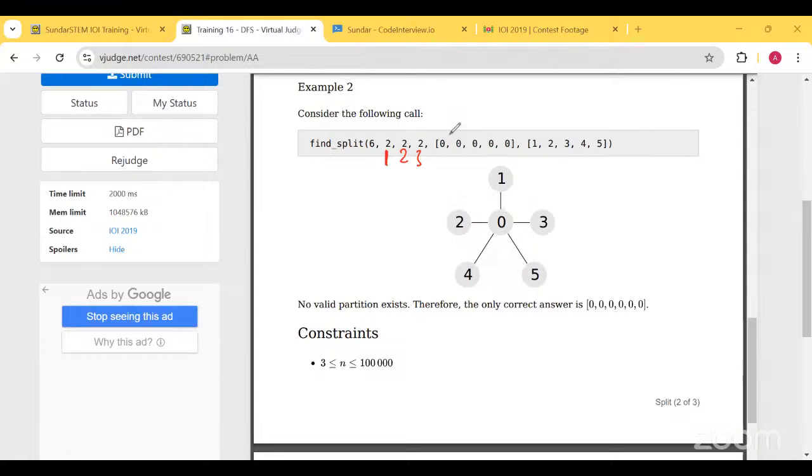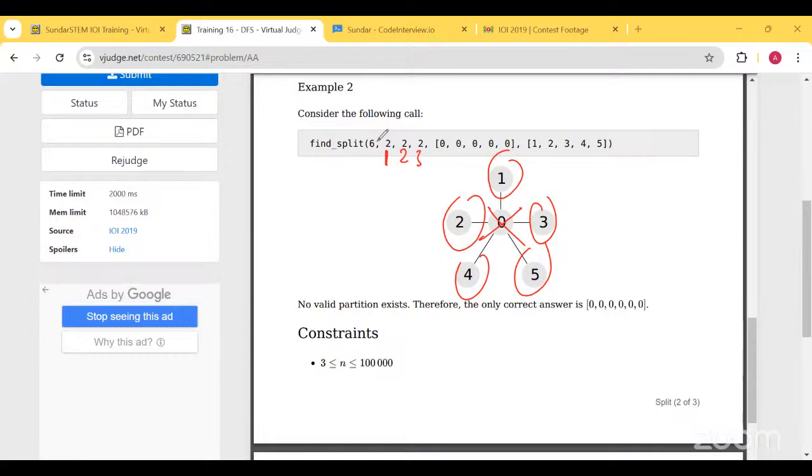Remove any node U, let's say node 0. Check the size of each component. Each component consists of one node only. Okay, yes. We must get an idea. We can run a DFS and use the first P nodes. All right, yes.